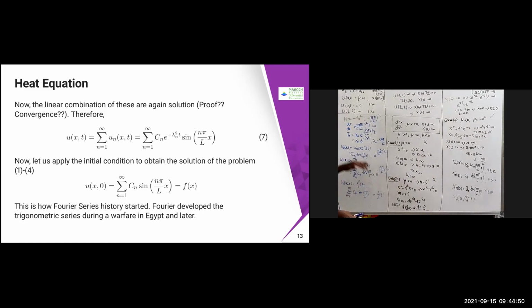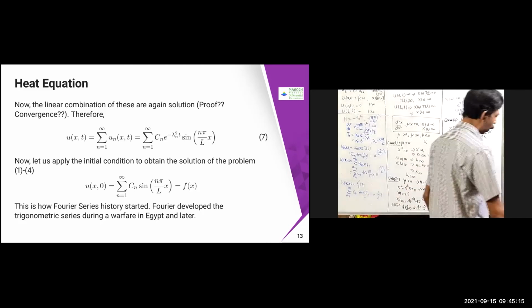If it is convergent, then only you can say that my rocket is not going to blast if I give this much heat to the rocket. These things are required whether you send satellites or rockets or anything. So depending on that, it is going to be solved. This is one of the important things.